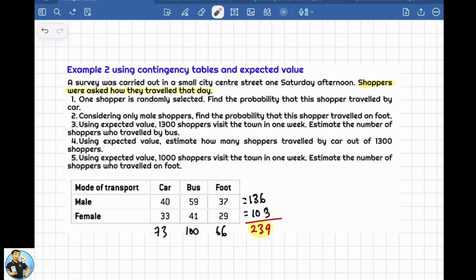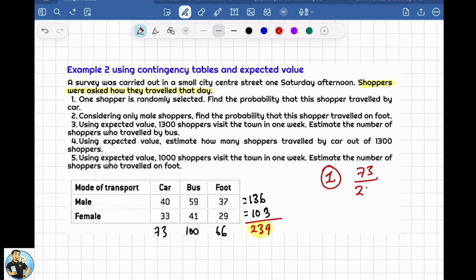So only travel by car, the sum is 73. So number one is 73 out of 239, because this is the total number of people using the car out of the sample space.